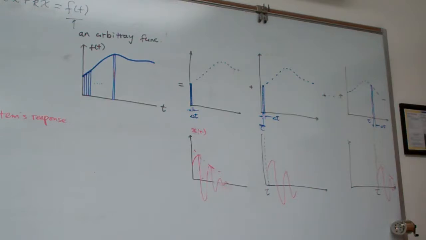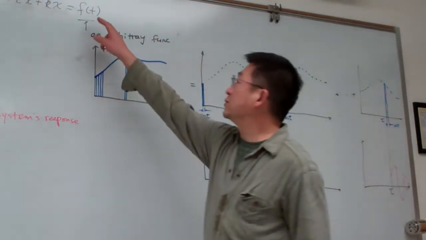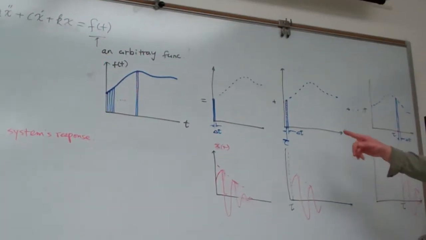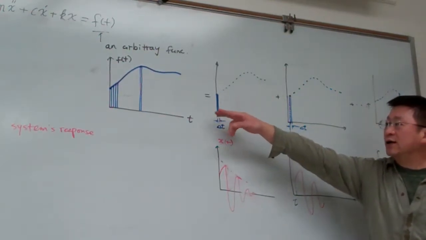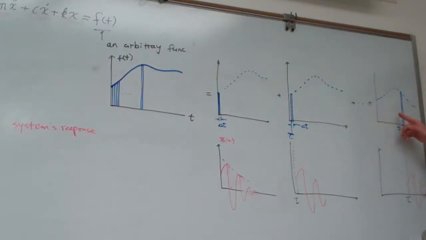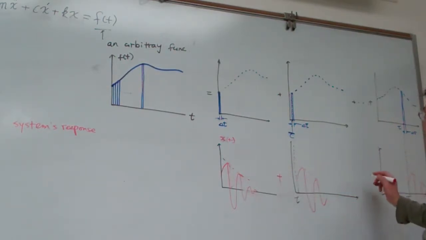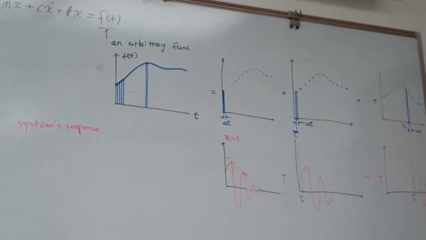Be good? Okay. So the total system response to such a continuous function: if we are able to decompose this force function into many small strips in the time domain, then the system response is simply such responses added up together in the time domain.